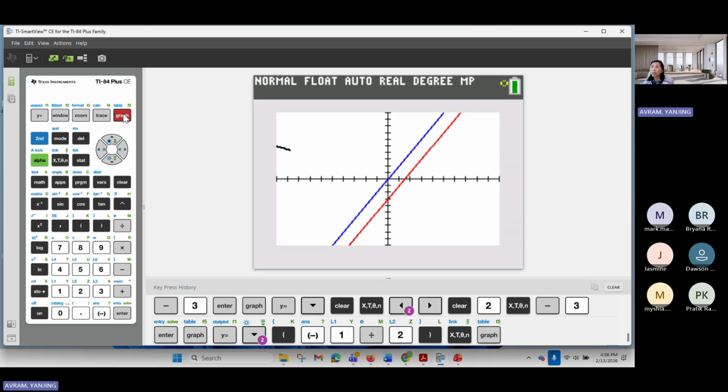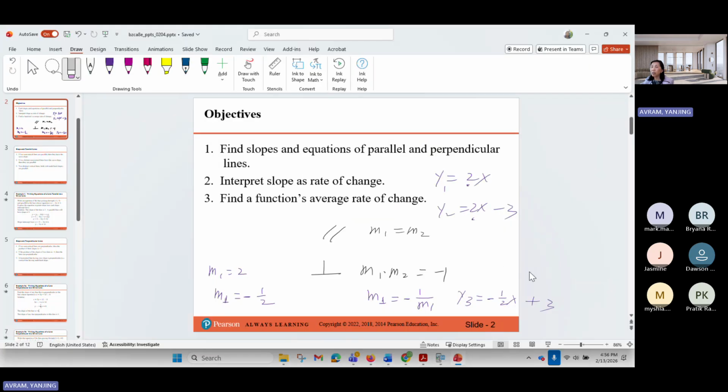Then graph them. You can see this y3 is perpendicular to both of them. Perpendicular means they intersect at 90 degrees. So that is the perpendicular line in this case.